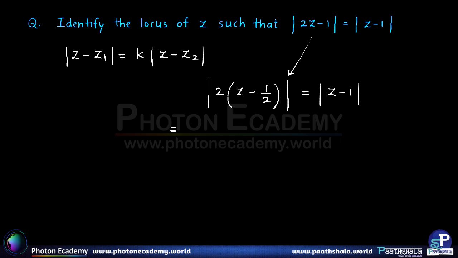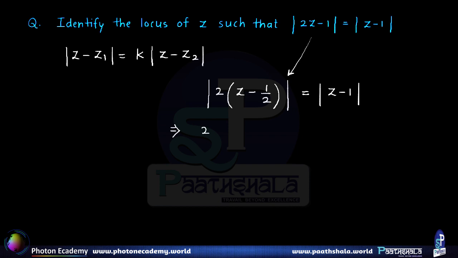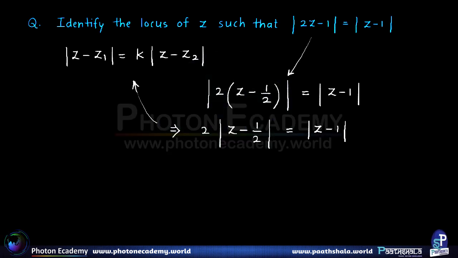Now, since 2 is a constant, it can be taken outside the modulus sign, so what remains is mod of z minus half in the first modulus equal to mod of z minus 1. This is definitely of the type above, where 2 can be thought of as k and the remaining equation is of the same type. So the locus of z is nothing but a circle.